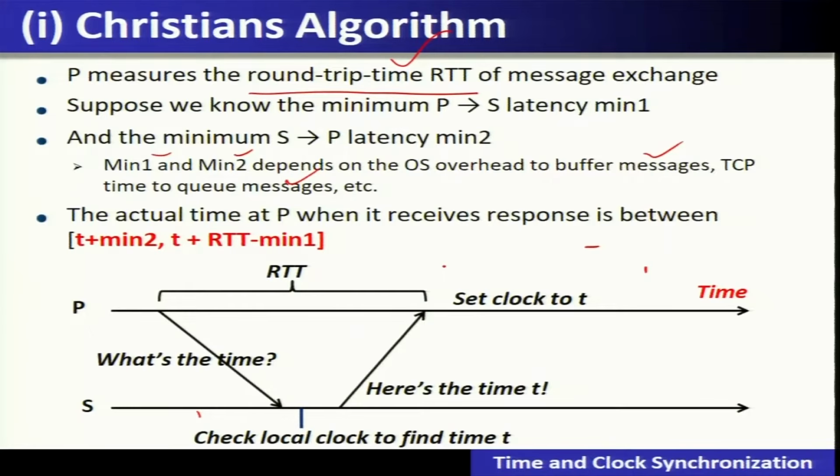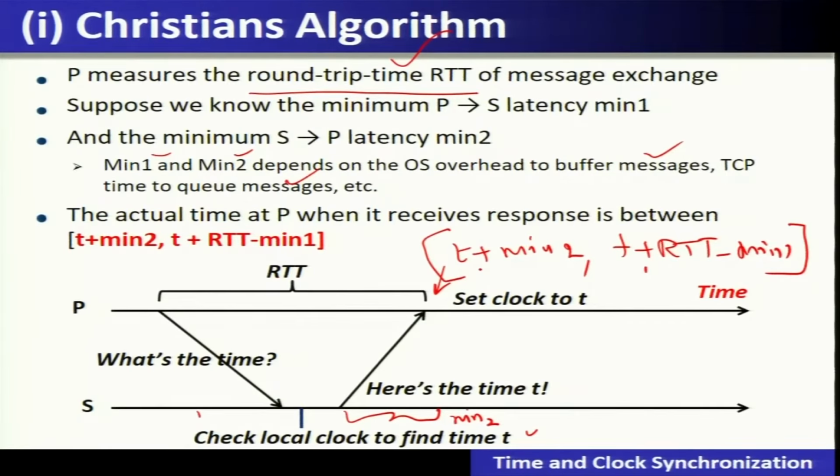The actual time at P when it receives the response ranges from t plus min 2 to t plus RTT minus min 1. You can see that from this particular figure.